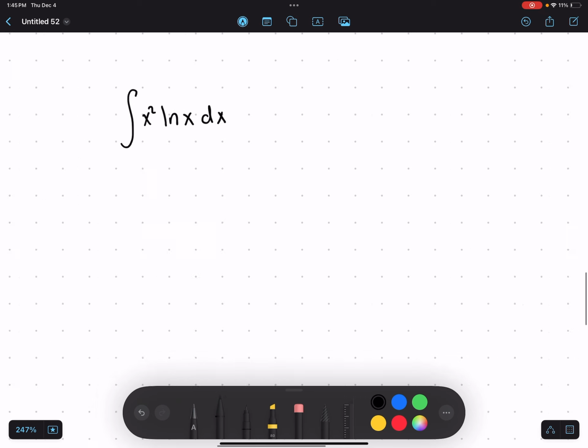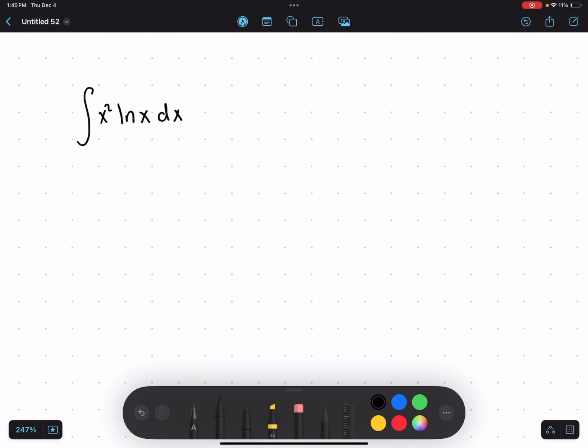Okay, and let's move on to our next integration by parts question. We've got x squared ln x dx. Now, as per usual, anytime you see a natural logarithm within the product of your integrand, go ahead and use that as u. You'll have a very tough time using that as your dv because it's quite a bit harder to integrate a natural log.